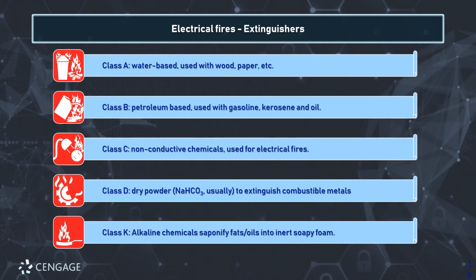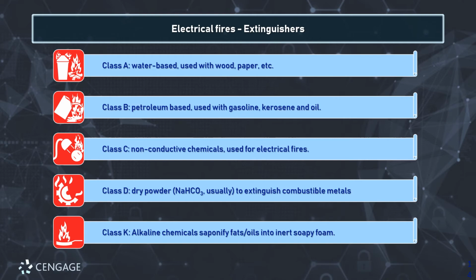Electrical fires. This is an interesting thing, because we're probably only going to really deal with Class Cs in our work, but it is important to know that there are several different types of extinguishers out there. Class A is a water-based extinguisher that is used with wood, paper, things like that. It's used with textile materials to try and suppress what we call a standard fire.